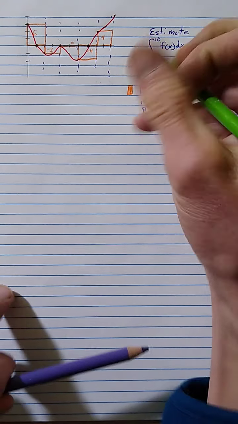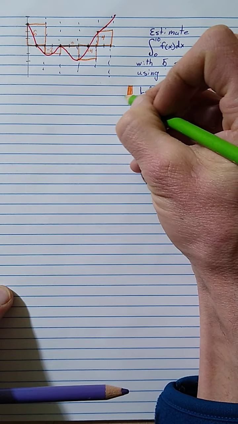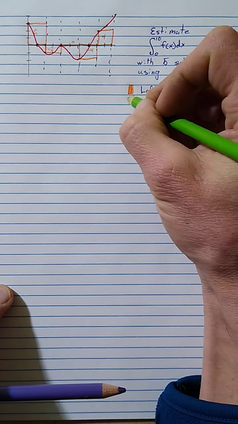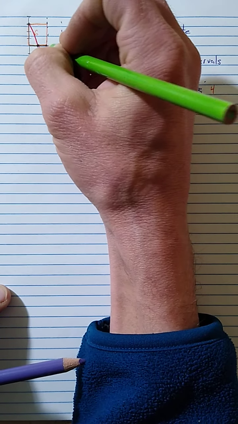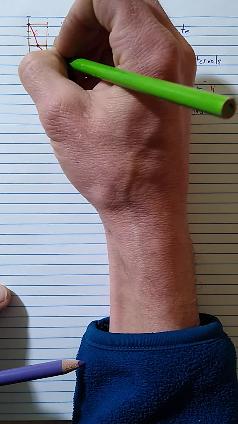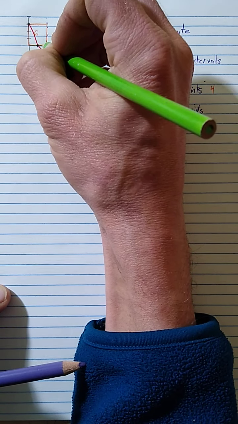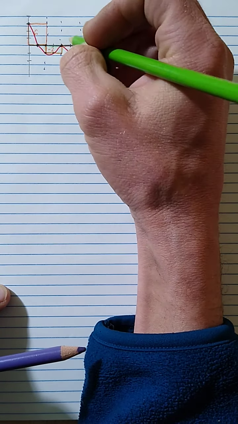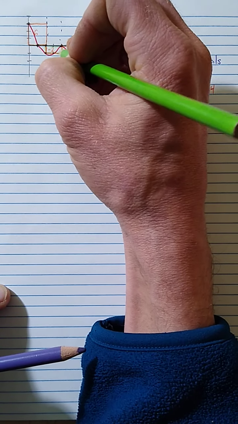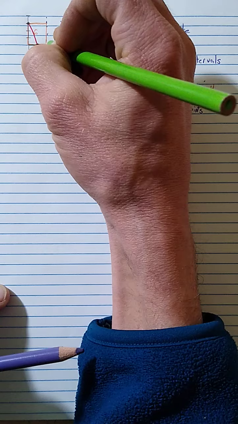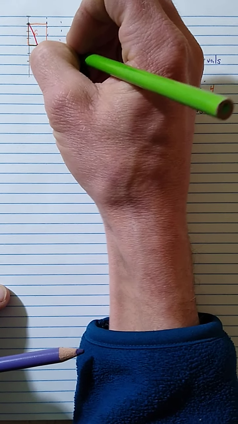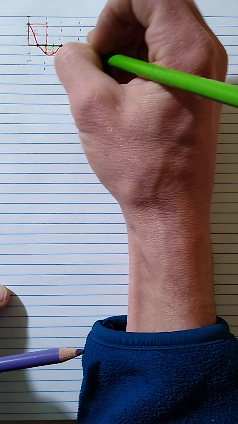Okay, let's do it again with midpoints. These will be colored green. Midpoint of this one, 0. Midpoint of this one, -1. Midpoint of this one, also -1. Just to make it clear where my green boxes are.